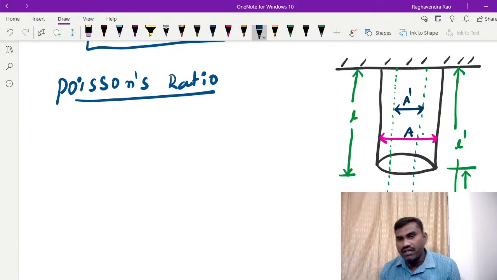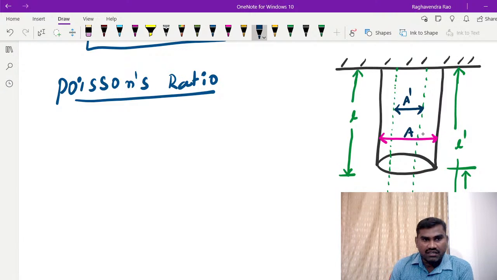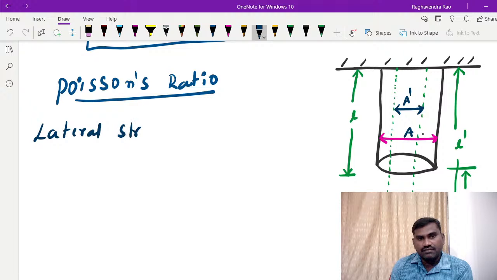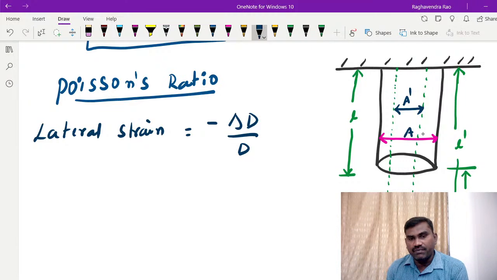That means the diameter decreases. How the diameter decreases with respect to the original is called lateral strain. So lateral strain is equal to minus delta d by d, the change in diameter by the original diameter. The negative sign indicates the diameter decreases.